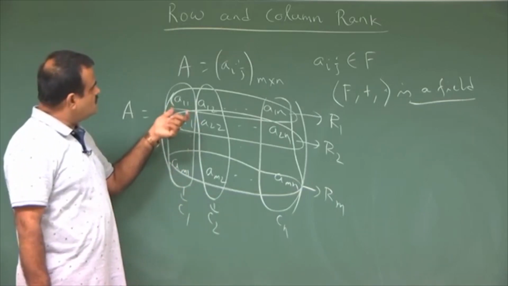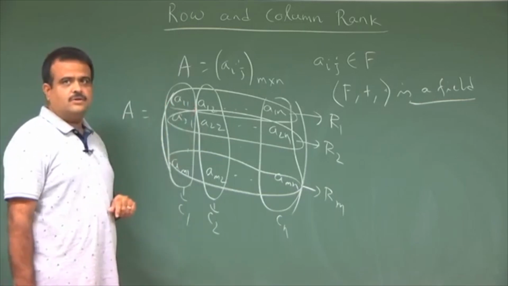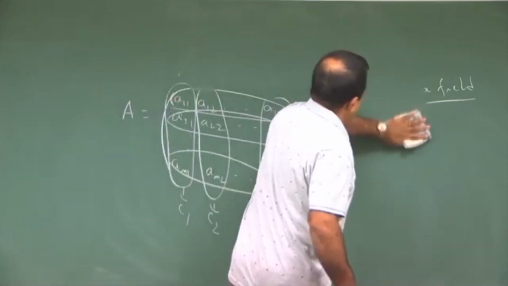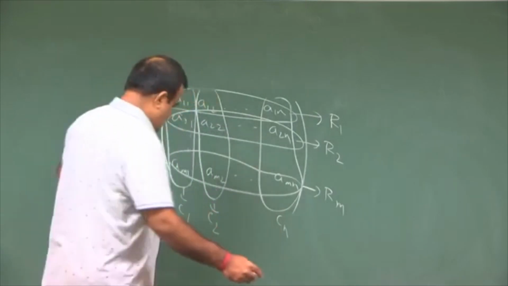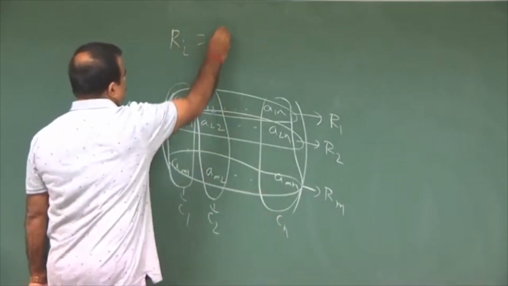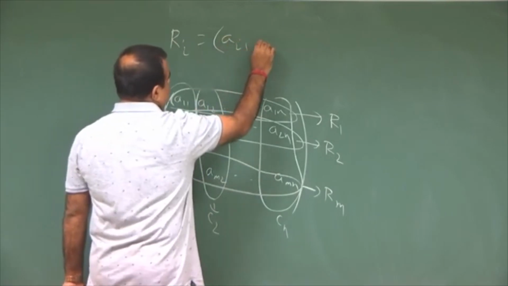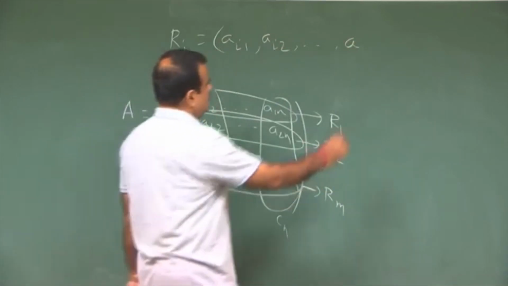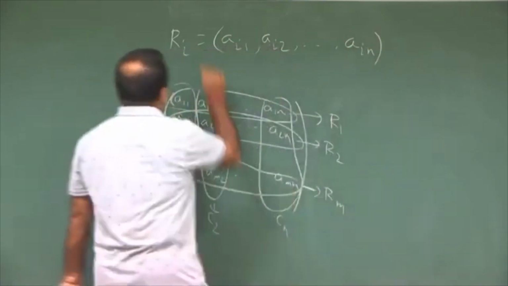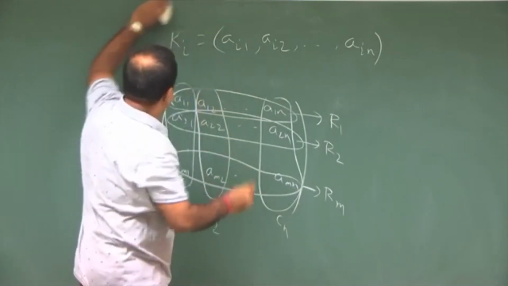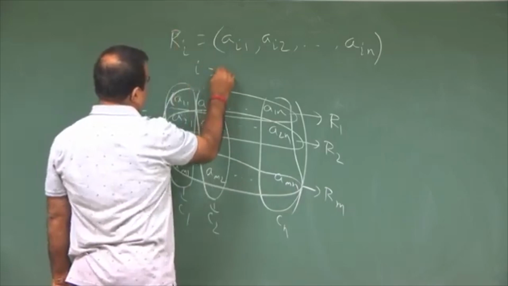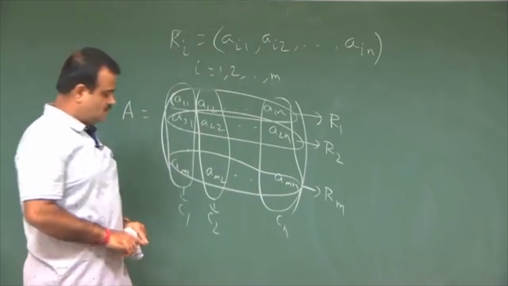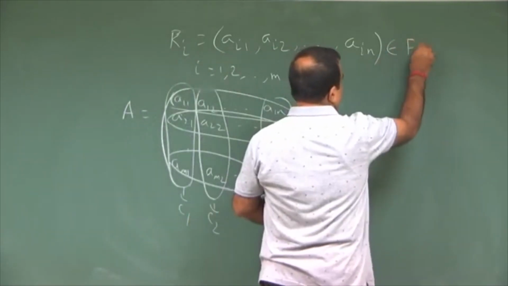Each of these rows is an n-tuple, basically an element from F to the power n. The ith row is a i 1, a i 2, up to a i n, where i is varying from 1 to m, and this is an n-tuple.